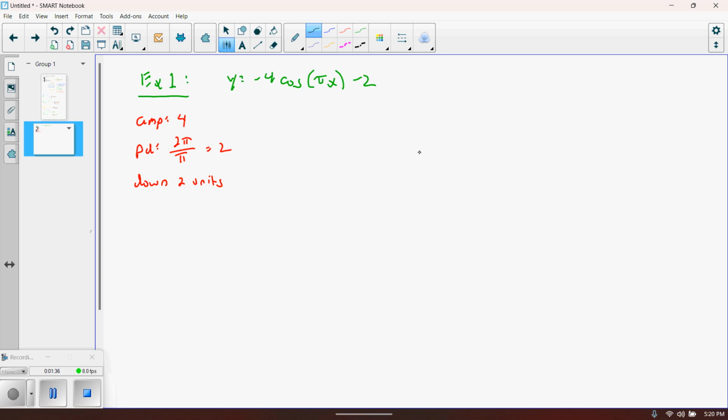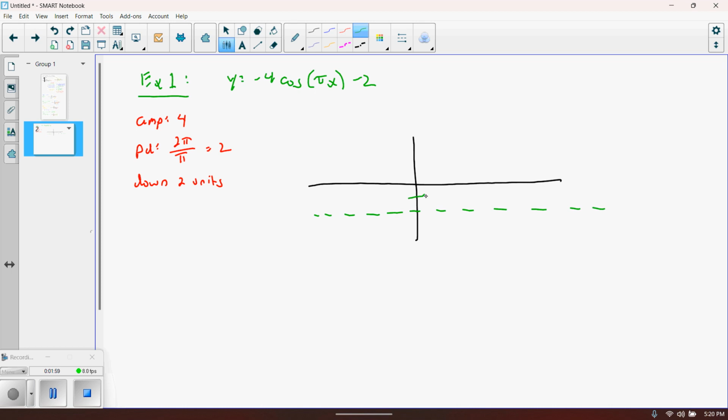So now let's go ahead and take a look at what this will look like, at least to start, and then we'll go ahead and sketch the graph. So we do know that the midline is now shifting down 2 units. So it usually is at the x-axis at 0. So our midline, which I'm just going to sketch here, is going to be shifted down 2 units.